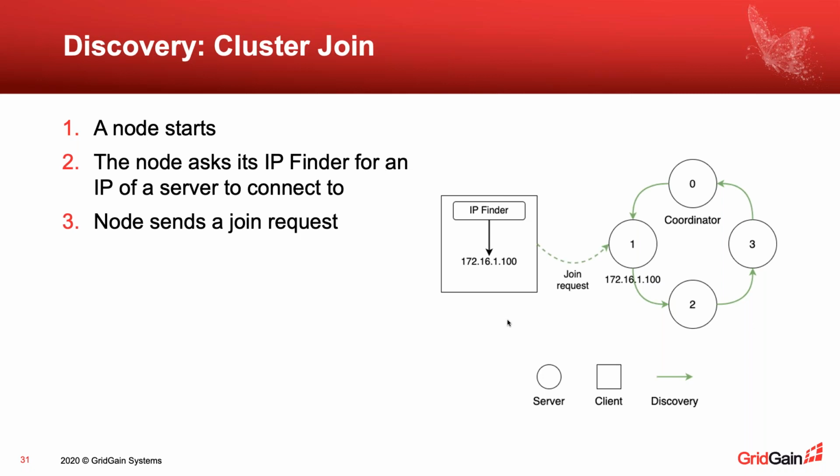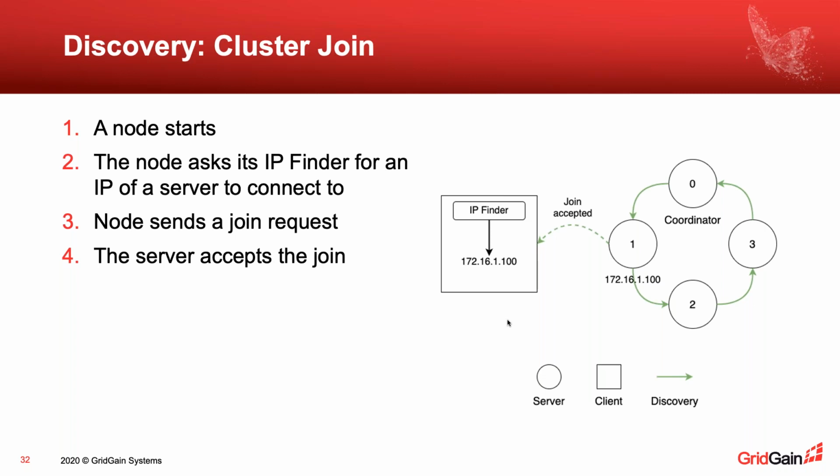If a node is running on that address, which in our case it does, the node will process the join request and respond. Hopefully, it will say that the join is permitted. Sometimes it will not allow the client to join. For example, say you have some sort of security enabled on the cluster and you have some sort of authentication.